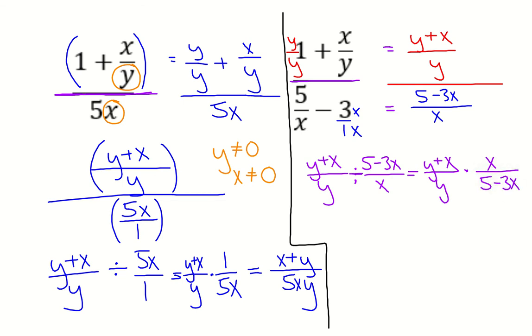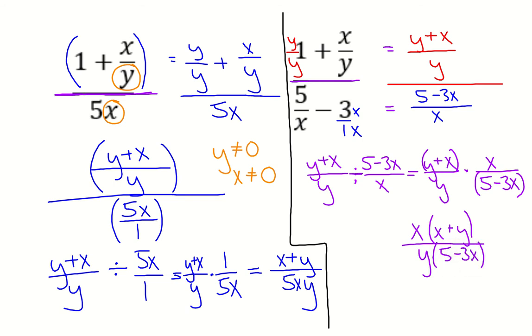Then when I multiply, the fraction bar, because it functions as parentheses, when I multiply and put this together, I will want to put parentheses around those, and I'll get x times x plus y divided by y times 5 minus 3x.